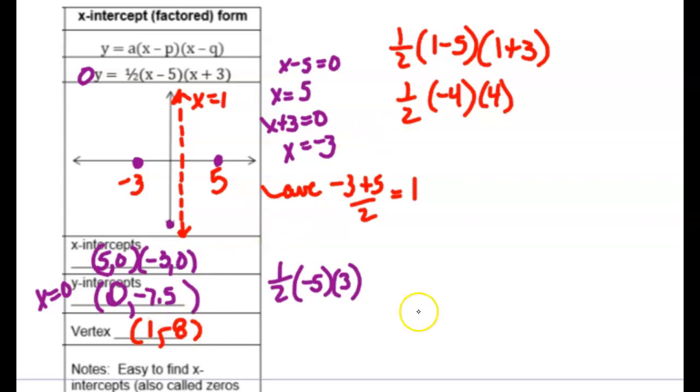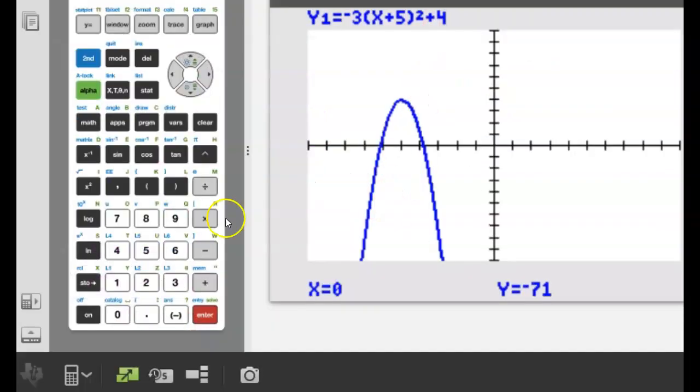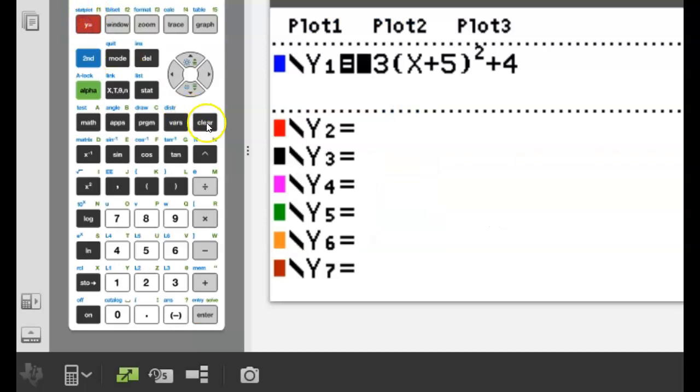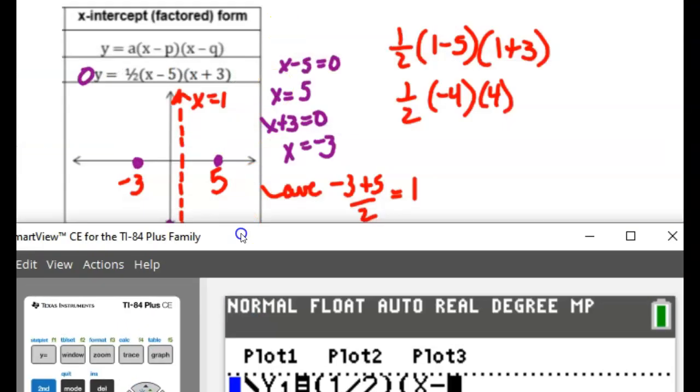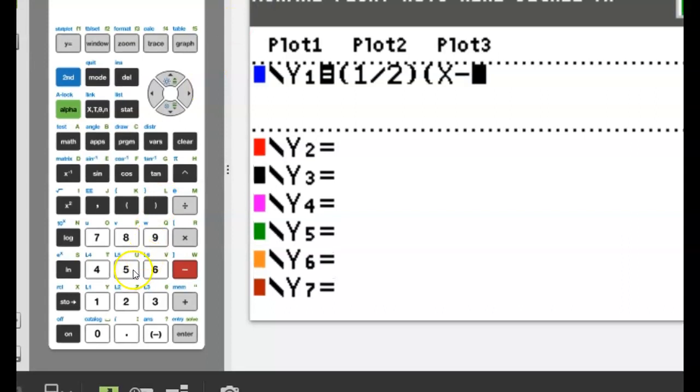What do you think? We talk through graphing that bad boy on the calculator. If you go back to your y equals and clear this out, usually you want a calculator in parentheses. It actually wouldn't matter here. And then it was x, I already forgot, minus 5 and plus 3. Everybody knows where the parenthesis buttons are and everything.